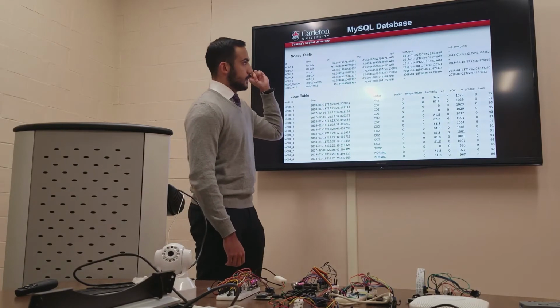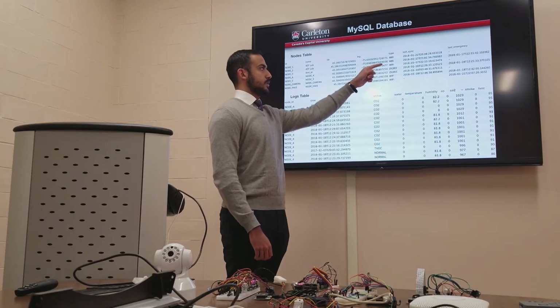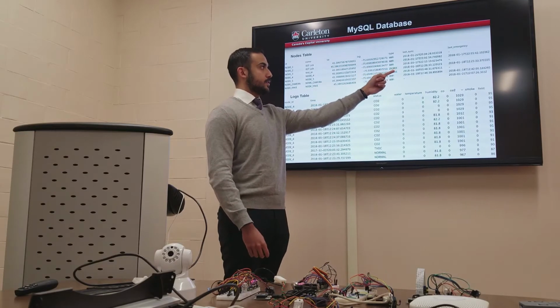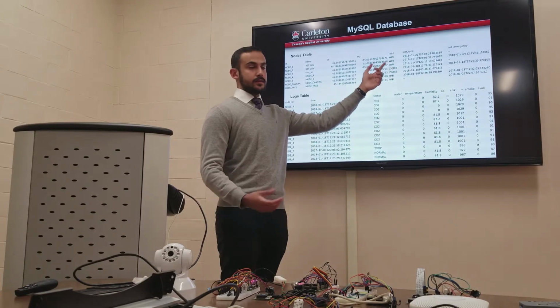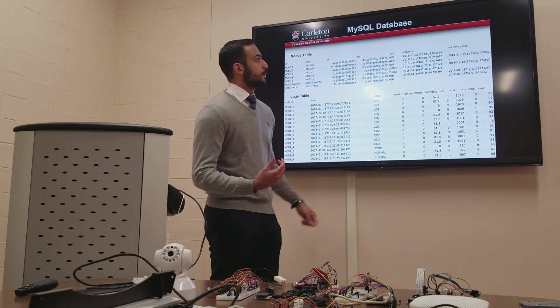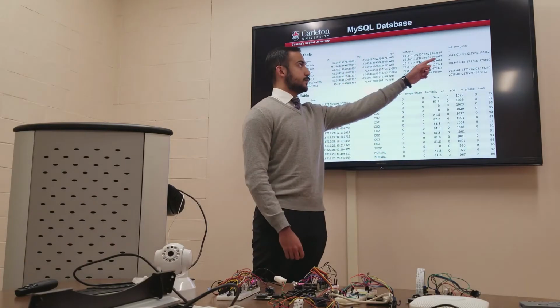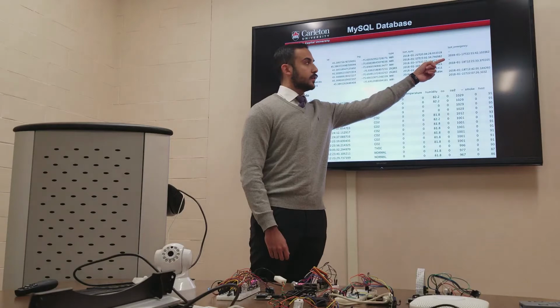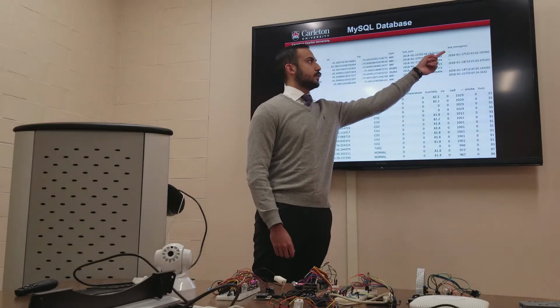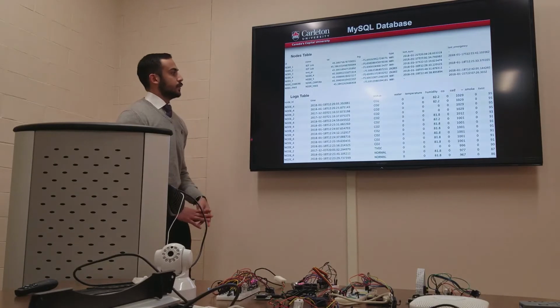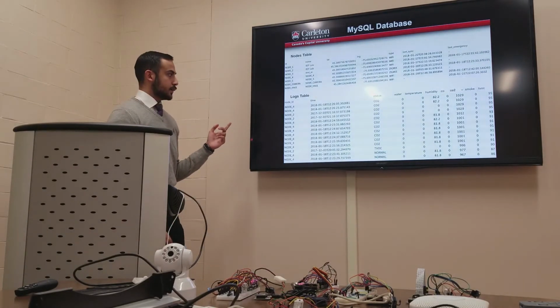We store the node type, whether it's Wi-Fi or a Zigbee node, the last time it was synced with the server. So this is the last time the sync algorithm was run between the mesh network and the server for that node specifically, and the last emergency. So this is the last time an emergency occurred, and null means that no emergency occurred on that node yet.